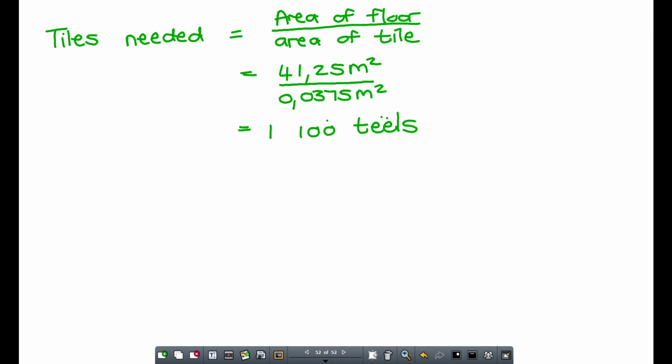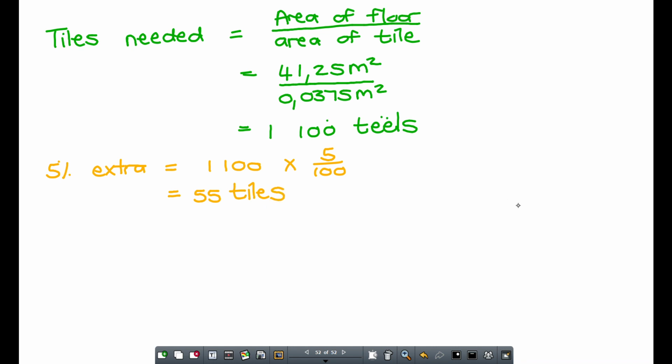Maar, hulle het spesifiek vir my gesê, that is what we're going to need on the dot. But just in case there's breakage, we've got to add another 5% of that. So wat is die 5% extra? Gaan wees 1100 teels maal 5% is mos 5 op 100, nee. Which means that I need an extra 55 tiles.